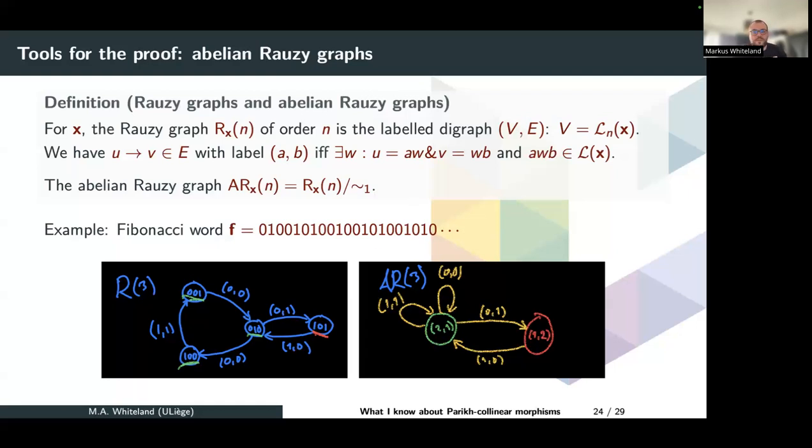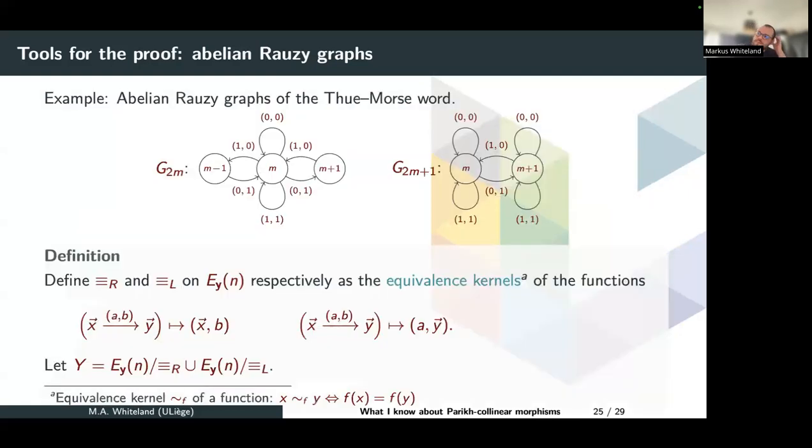Okay, so these abelian Rauzy graphs behave very nicely with the Thue-Morse morphism and I suppose any Parikh constant morphism. In any case, if you look at the Thue-Morse word, these are what the abelian Rauzy graphs look like. So for even lengths, you'll have this kind of a graph with 3 vertices.